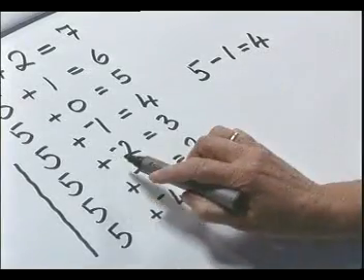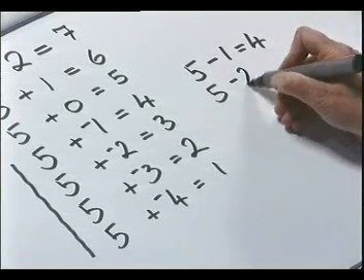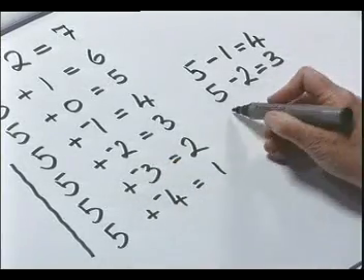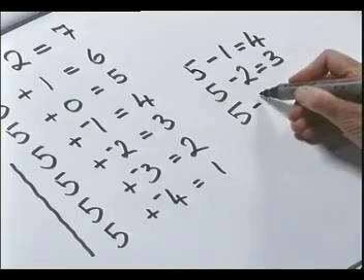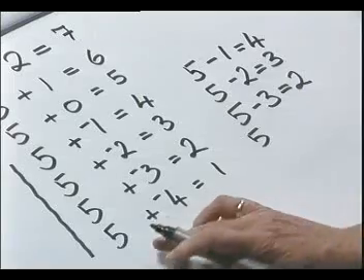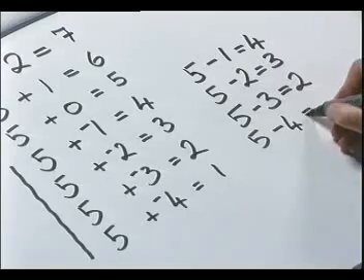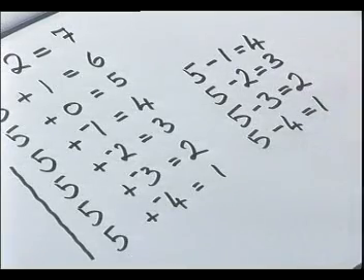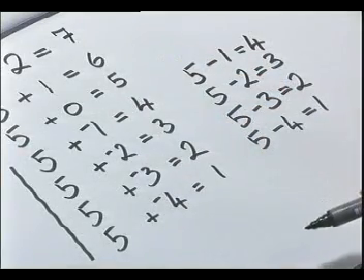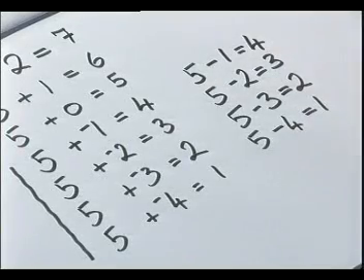Similarly, 5 add negative 2 can be written as 5 subtract 2, and you get the answer 3. 5 add negative 3 can be written as 5 subtract 3, gives me the answer 2. And then 5 add negative 4 is the same as 5 subtract 4, which is 1. So, when we have the addition of negative numbers, that's the same as the subtraction of the positive number.